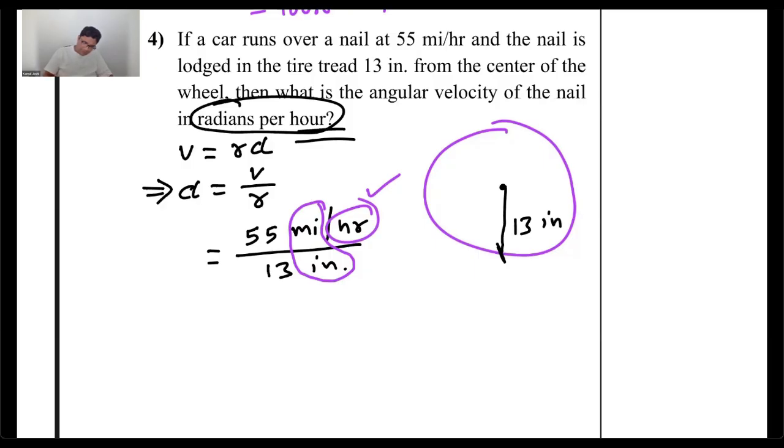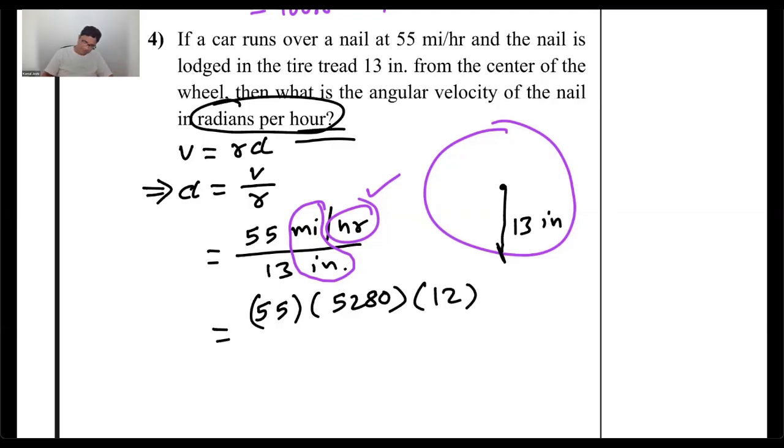So I will convert miles to inches. That is easy. 55 times 12. No, sorry. Miles to feet first. 5280 converts miles to feet, times 12 converts feet to inches.